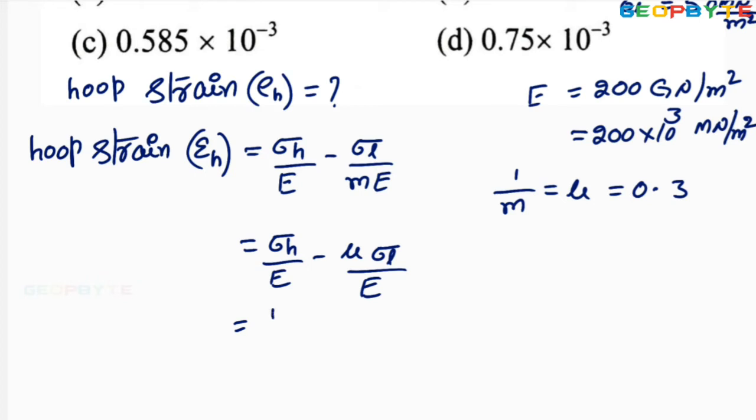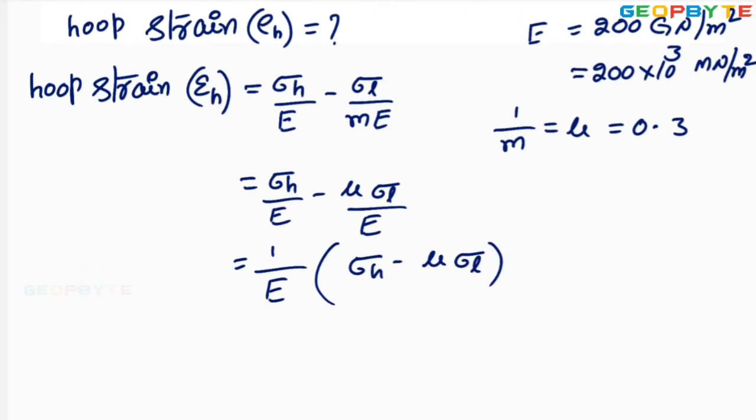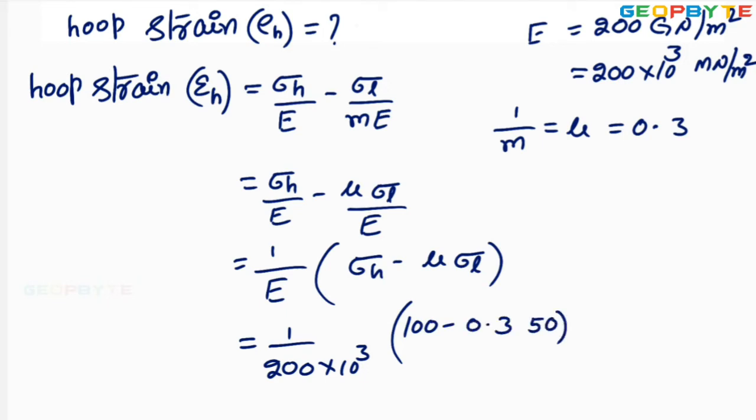So 1 by E can be written like this: sigma h minus mu into sigma L. So E equals 1 by 200 into 10 raised to 3 into sigma h, which is 100, minus 0.3 times sigma L, 50.